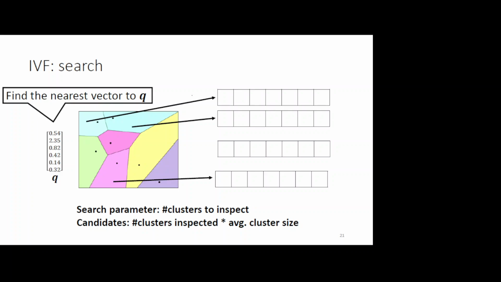Suppose this one has the smallest distance. Then for the query Q, you check the inverted file here. Remember, here we store a set of data IDs, and all of them are your candidates. So you have to compute the distance between all the candidates and the query, and then output the smallest one. Okay, any problems?